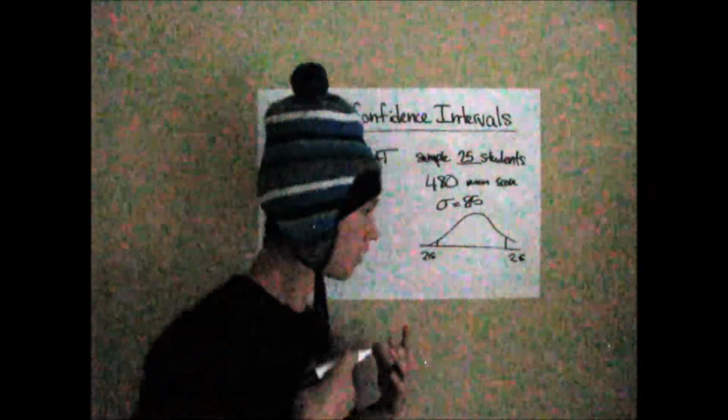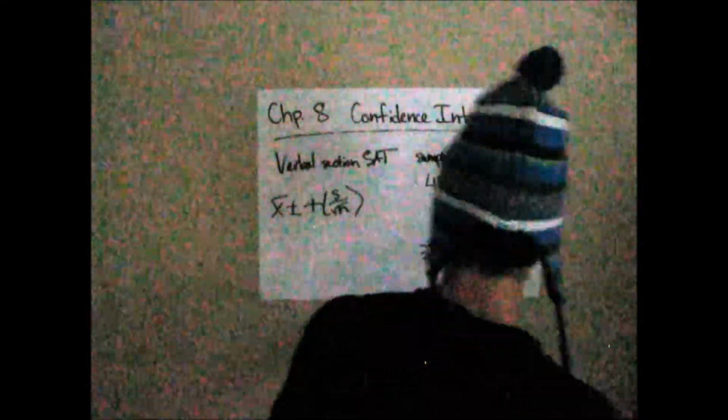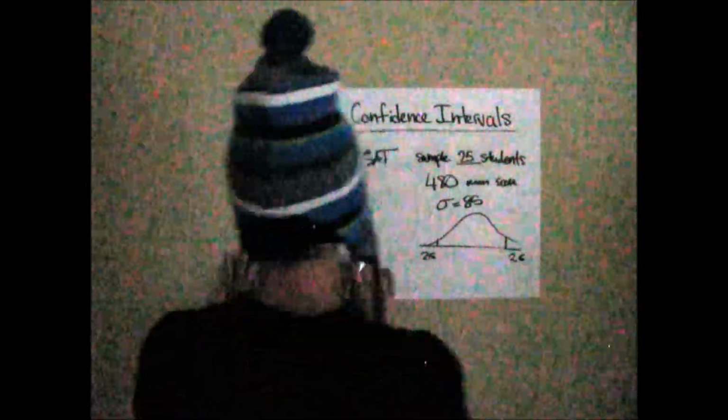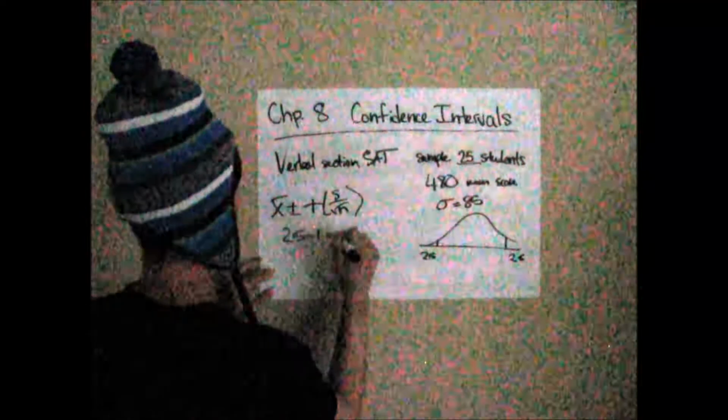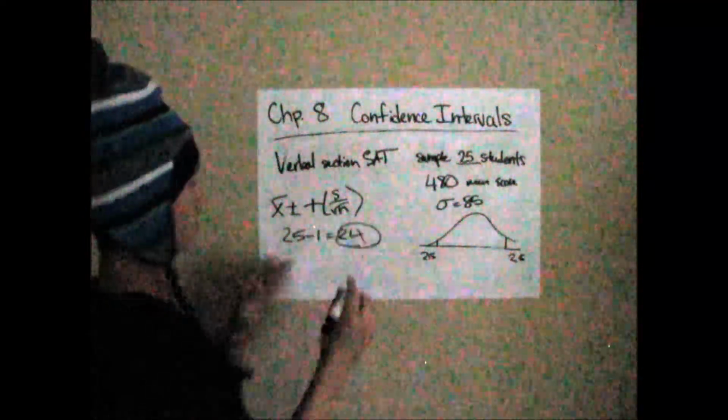And so now we've got to find our t-value. So we've got to find our degrees of freedom. We have a total of 25 students, so 25 minus 1 equals 24, and 24 is our degrees of freedom.